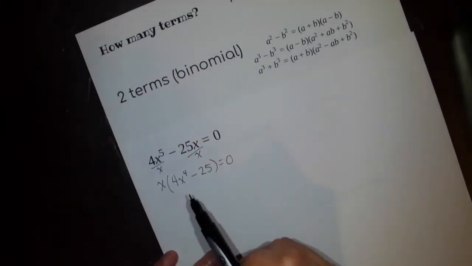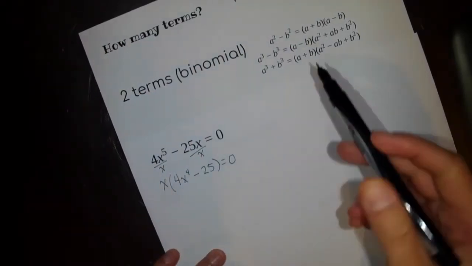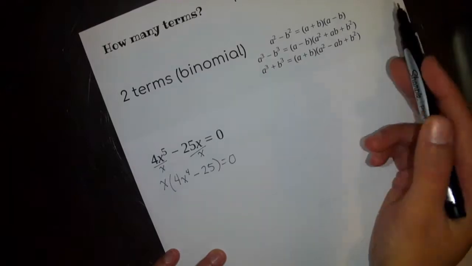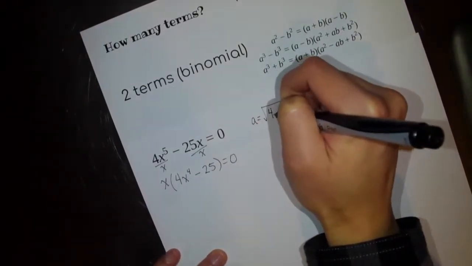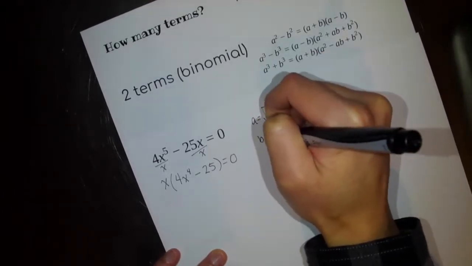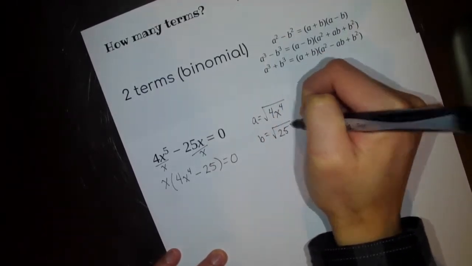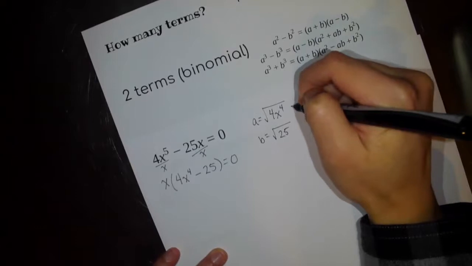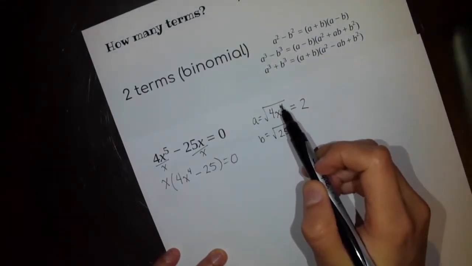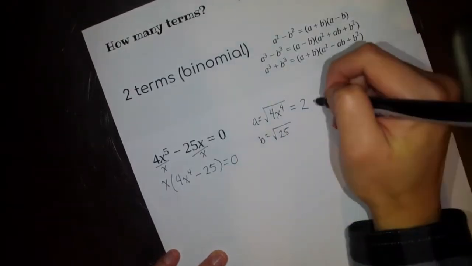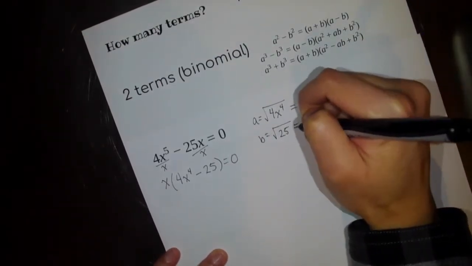So I would take the square root of each of these to figure out my a and b to use this formula. The square root of 4 is 2, and then the square root of x to the 4th is just half of that exponent, so it'll be x squared.